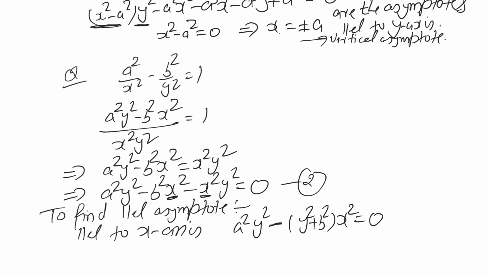We shall equate this coefficient to 0 to find the asymptote parallel to the x-axis. This implies that y is equal to plus minus b iota, which is an imaginary value.